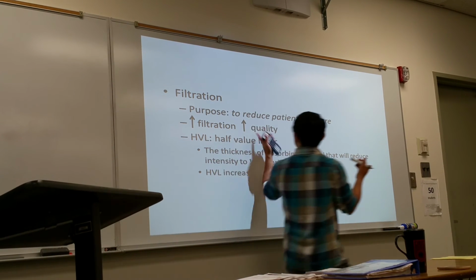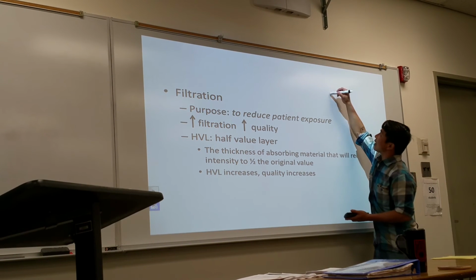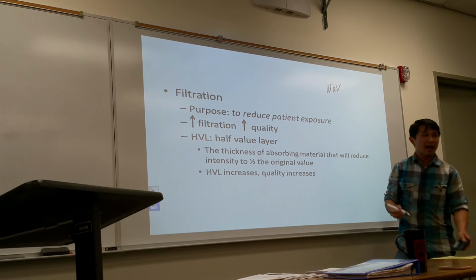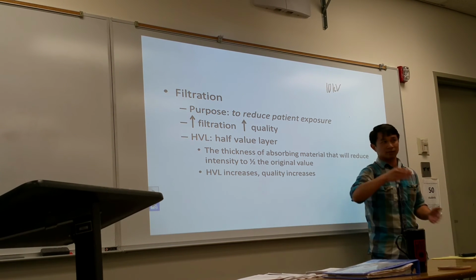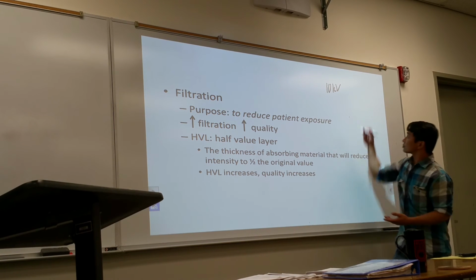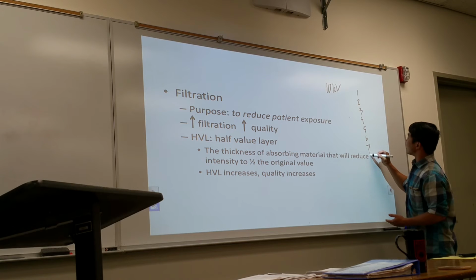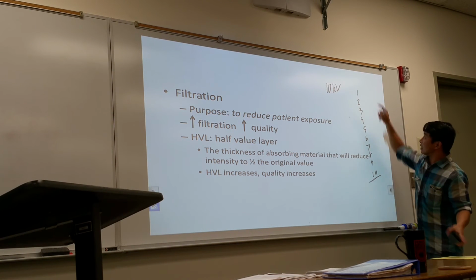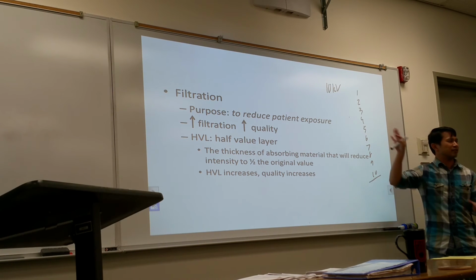Here's an example I could make up with a filter. For example, you have a 10 kV setting, and since X-rays are quite energetic, how many are coming out? 1, 2, 3, 4, 5, 6, 7, 8, 9, 10. On average, you have to add this up, and this is just a demonstration of how a filter works.